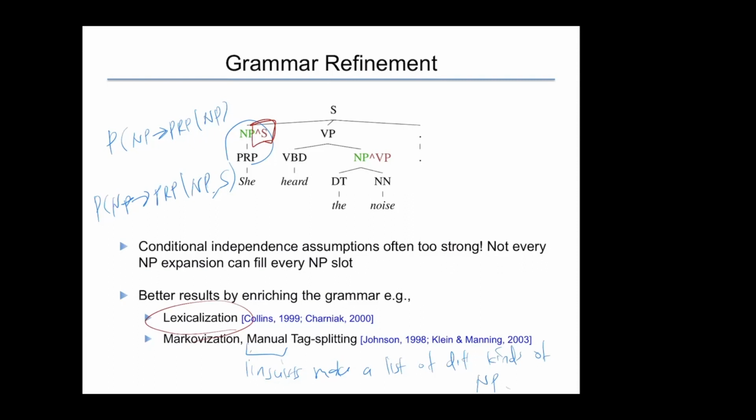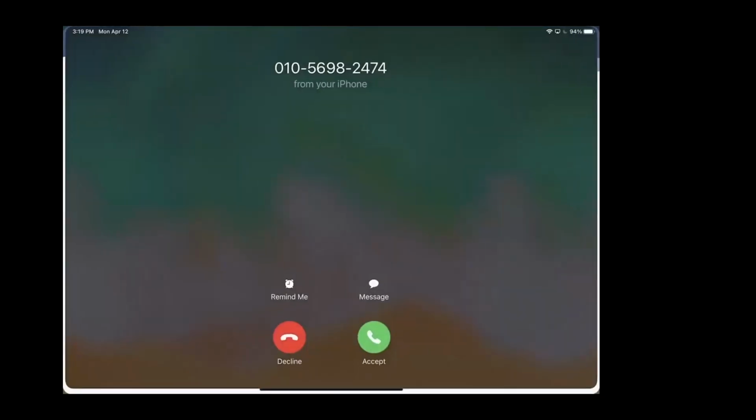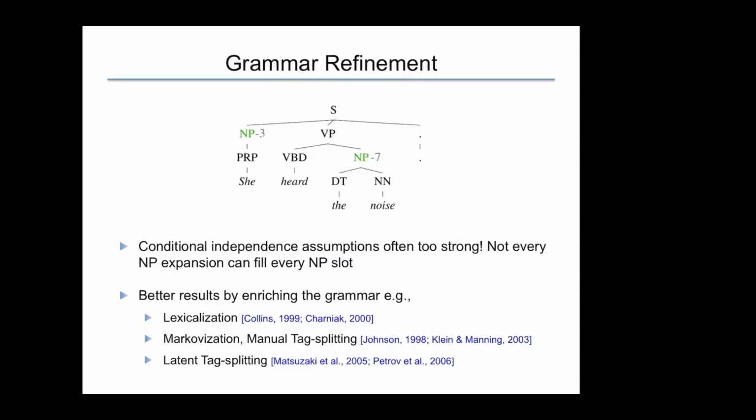And this was done manually, but there was another work after that, which basically allows the model to really choose which type of NP it's using, which is the latent text splitting, this work.